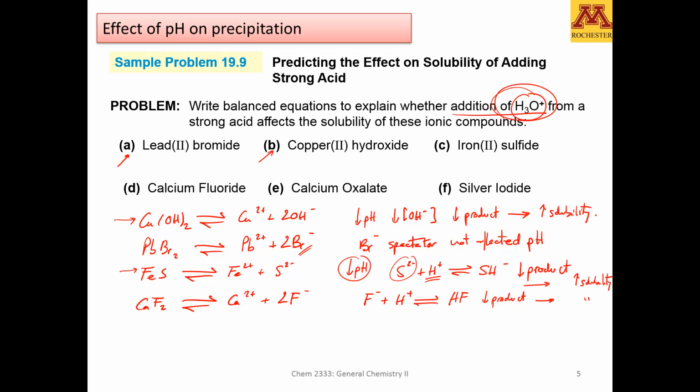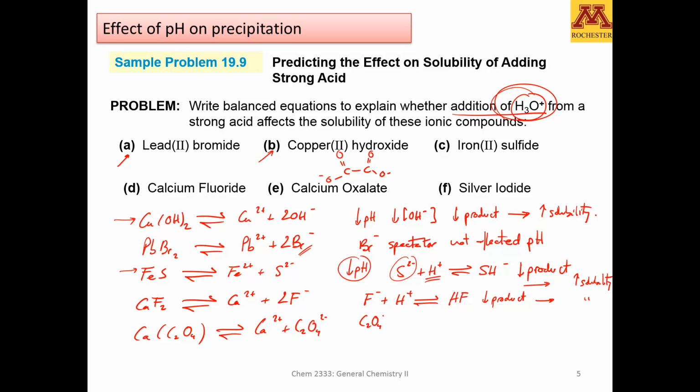Calcium oxalate. You may need to Google what oxalate is. If you are wondering what oxalate is, it's this coupled carboxylic acid, so it admits 2 protons. So calcium and oxalate. Oxalic acid is a diprotic acid.